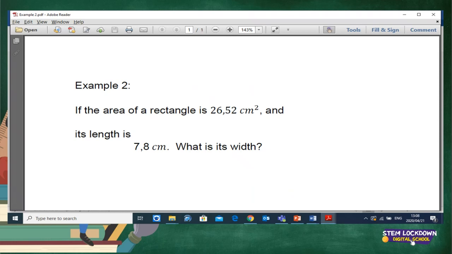And all that we needed to find was the breadth, meaning the other side. So you've got the length of the rectangle, so you need to find the other side, which is the breadth, given the area of this particular rectangle. And of course, we have just done that. We have now found that the breadth will be 3,4 centimeters.